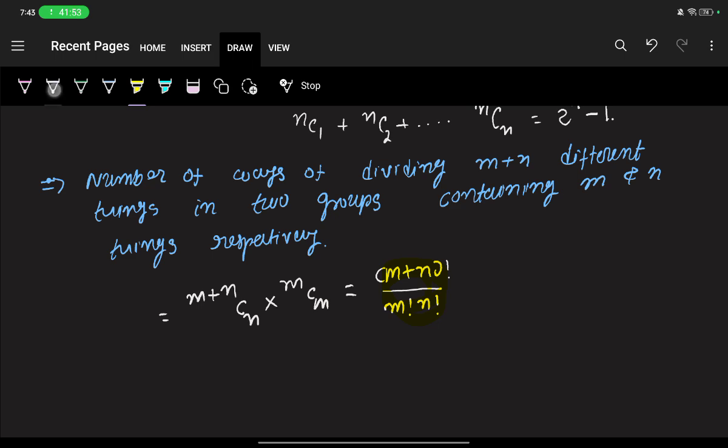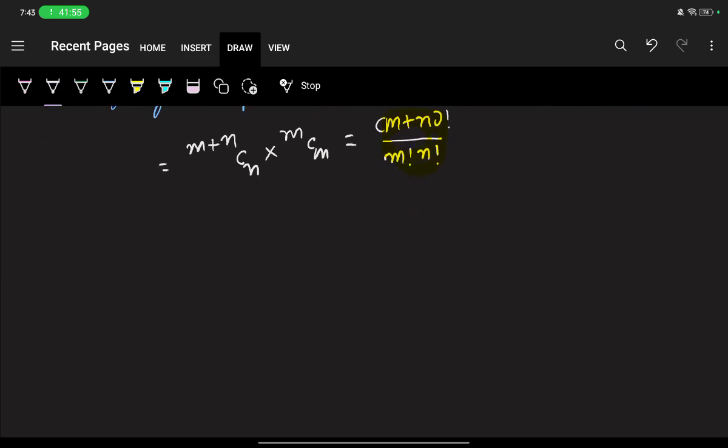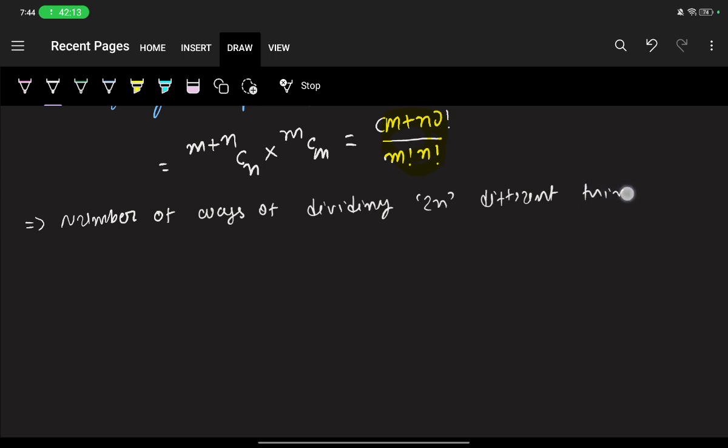So for example, the number of ways of dividing 2n different things into two groups containing n things each.